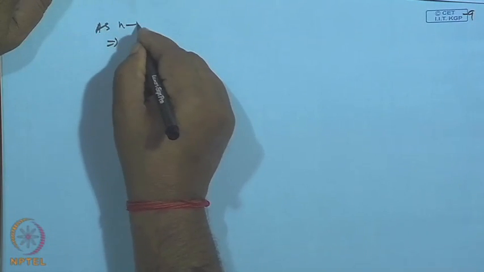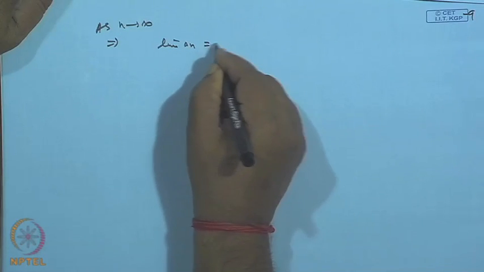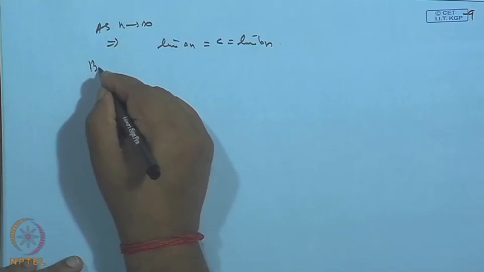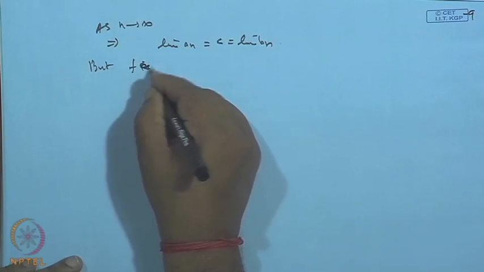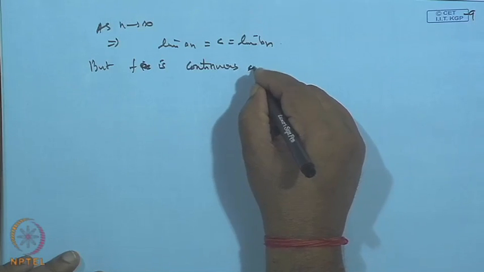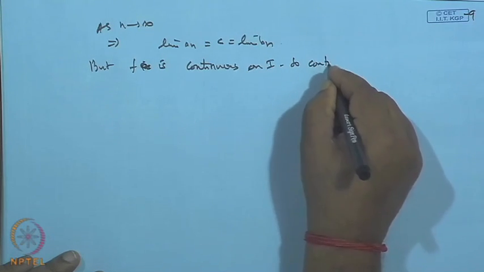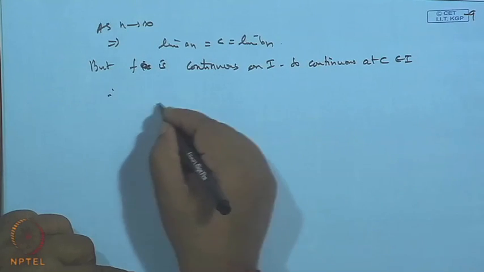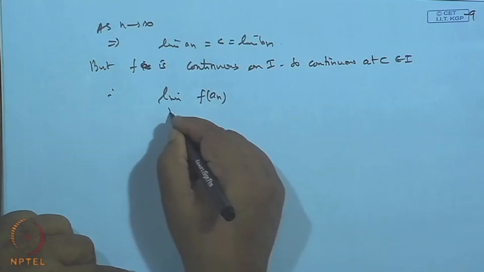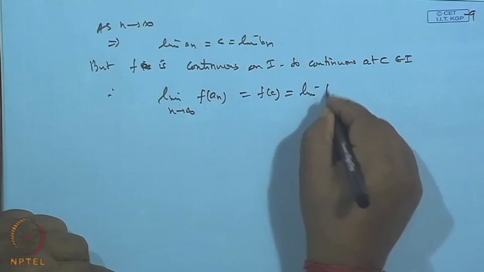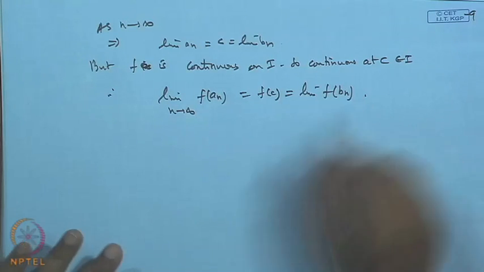So this implies that as n tends to infinity, limit of a n is c, which is the same as the limit of b n. But f is given to be continuous on I, so continuous at c also, which is in I. Therefore, the limit of the sequence f of a n as n tends to infinity is nothing but the value of the function at the point c, which is the limit of f of b n.